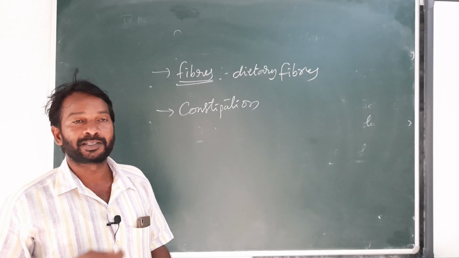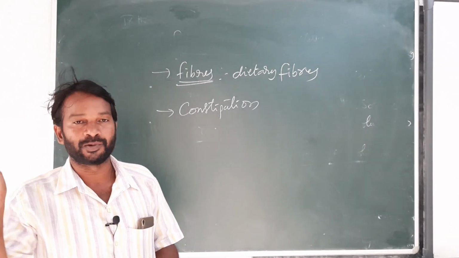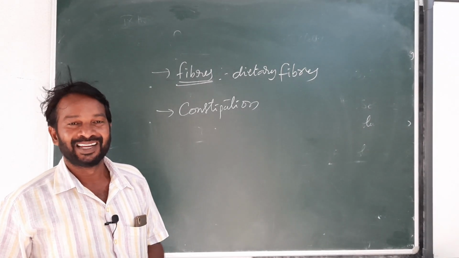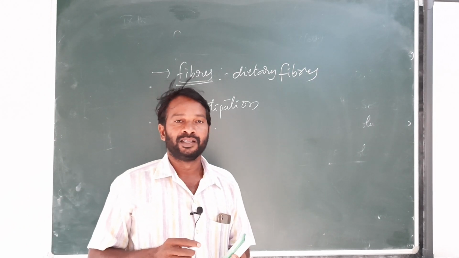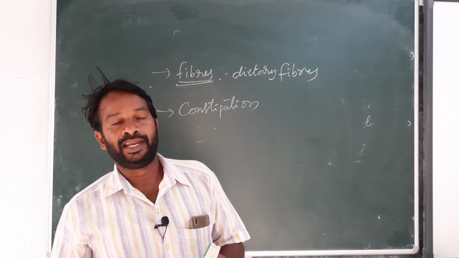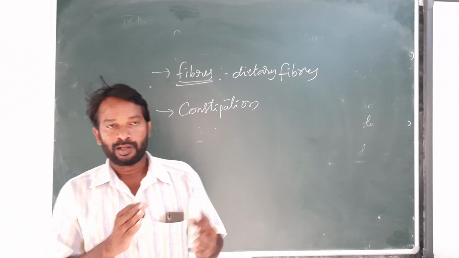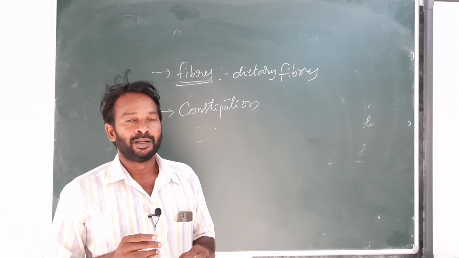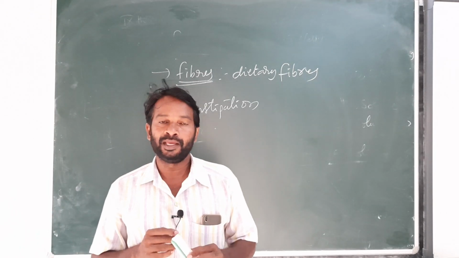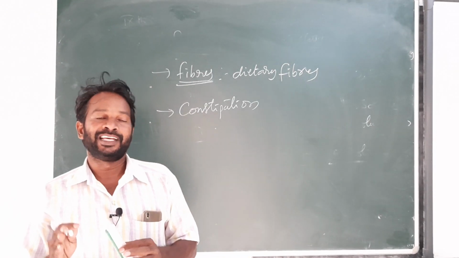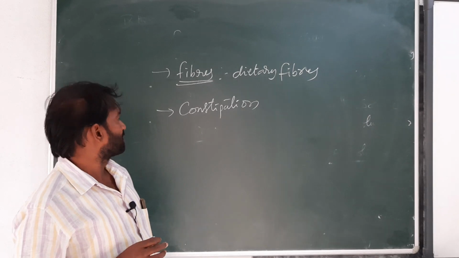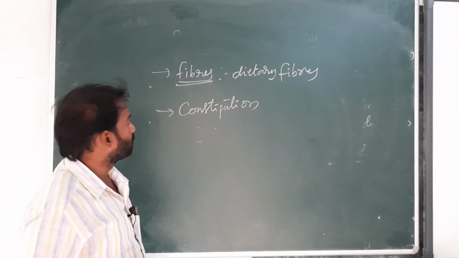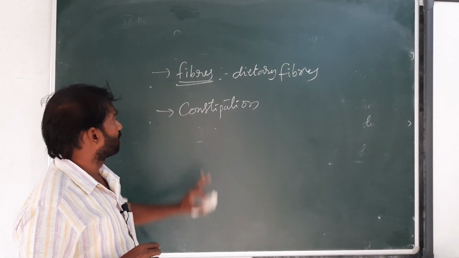The sources of fibers are all the plant sources: bran, shredded wheat, cereals, sweet potato, beans, pumpkins, berries, papaya, and banana. All these are sources of fibers.